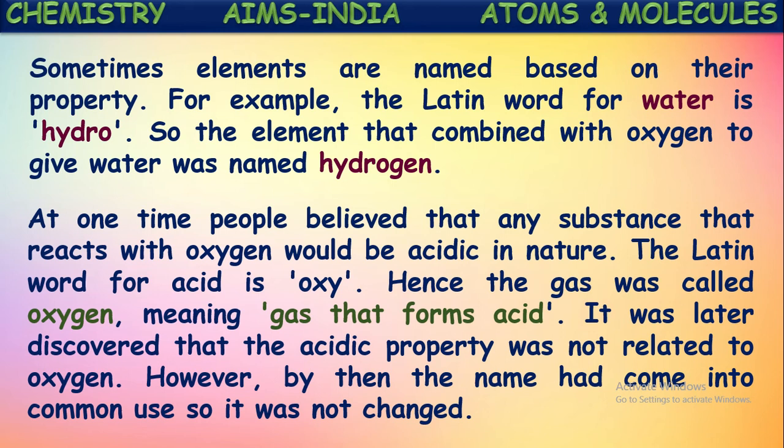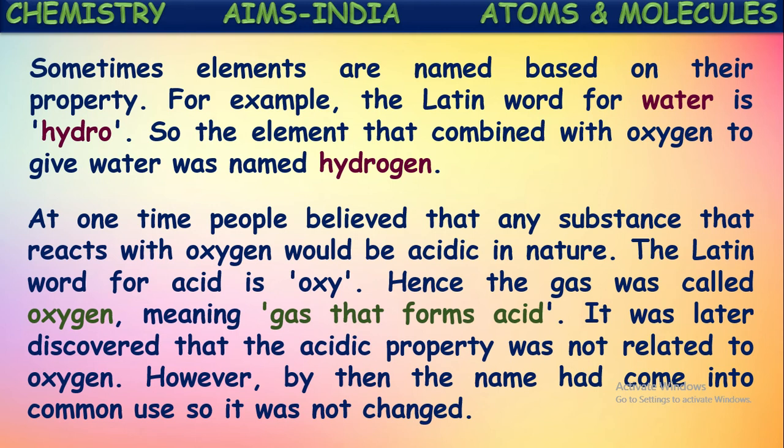So based upon the belief, the Latin word for acid is oxy. Oxy means acid. So based upon this belief, the gas was called oxygen, which means gas that forms acid. Oxy means acid, oxygen means acid generator or acid former. In that way, the name oxygen is given for the element.